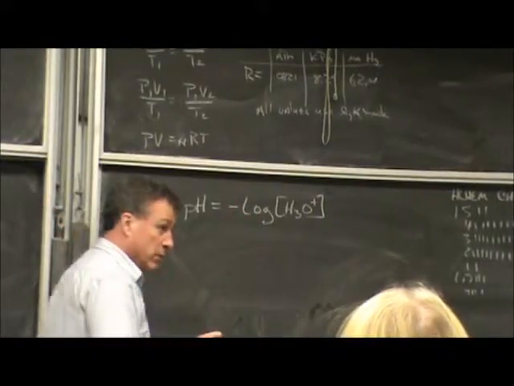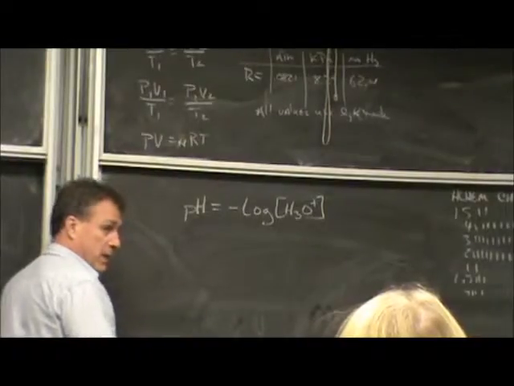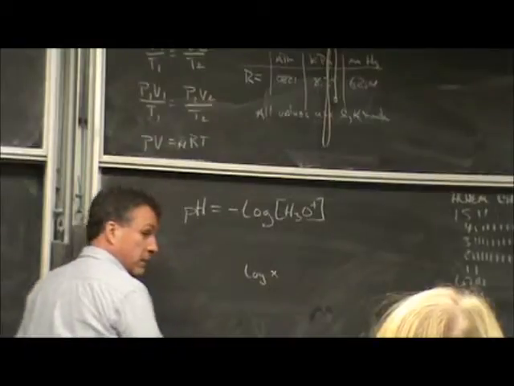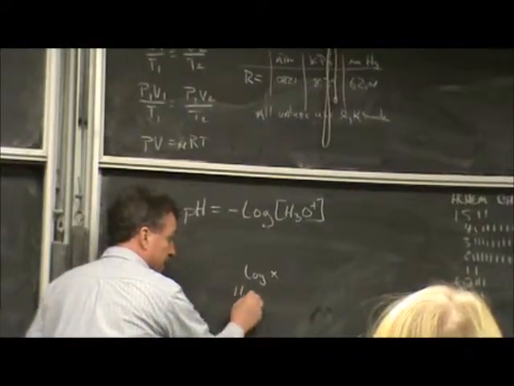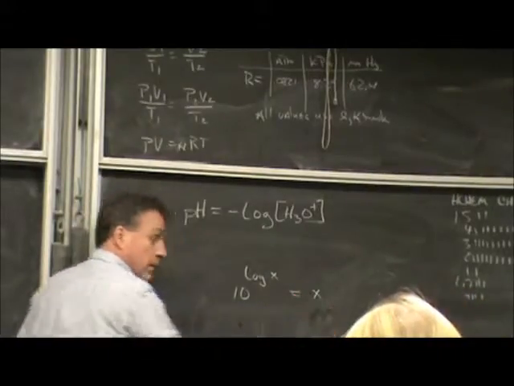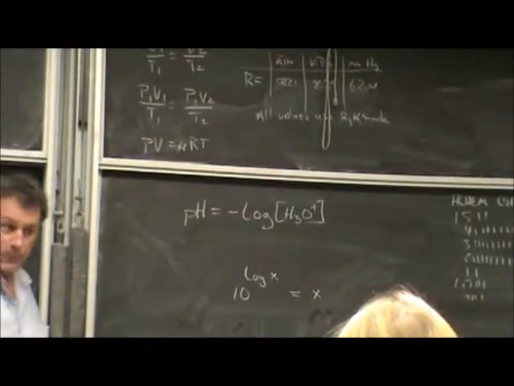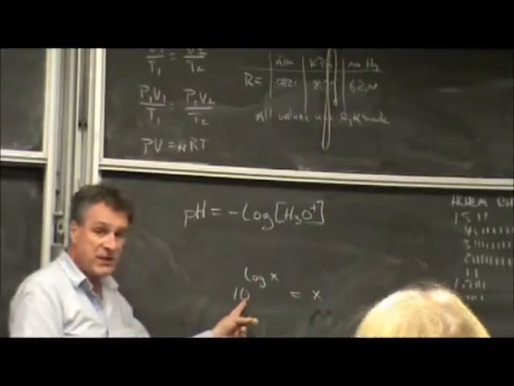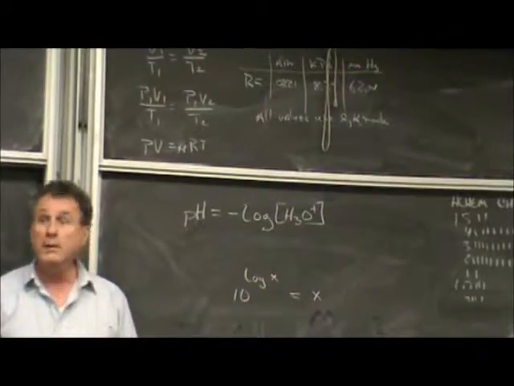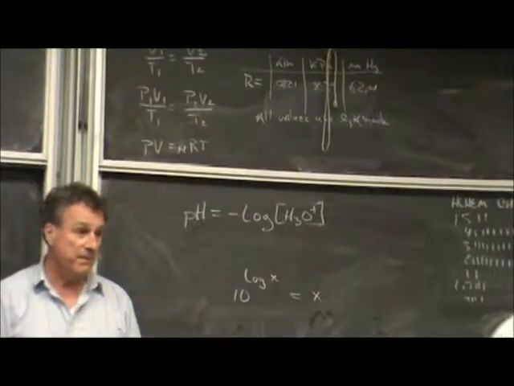I'll remind you that a logarithm, log of x, is the number you raise 10 to get x, right? So what number would you raise 10 to get 10 to the negative 7? Negative 7, right?